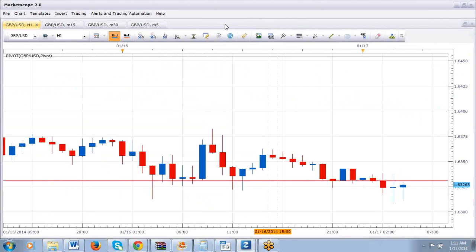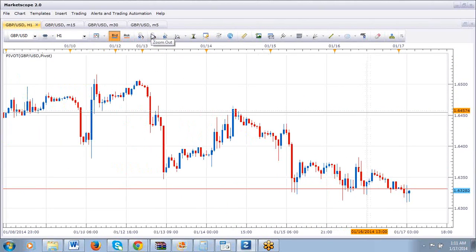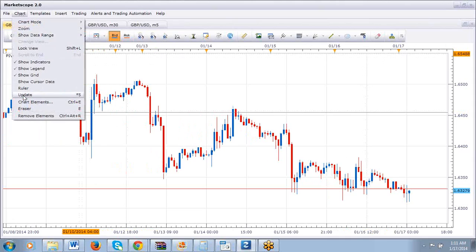Now, let me just expand this for now based on the hourly chart. Alright, I'll minimize this. I'll just delete pretty much everything right here.